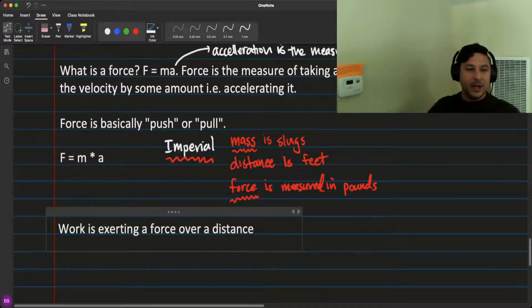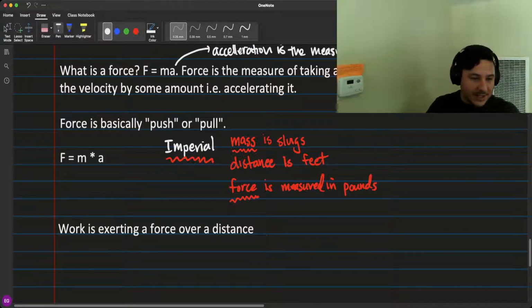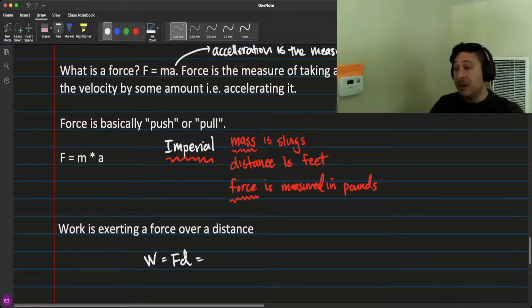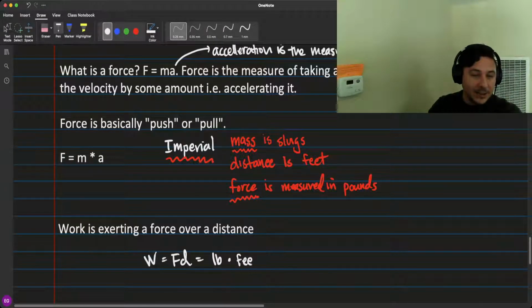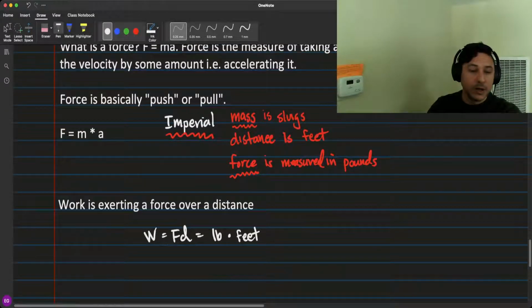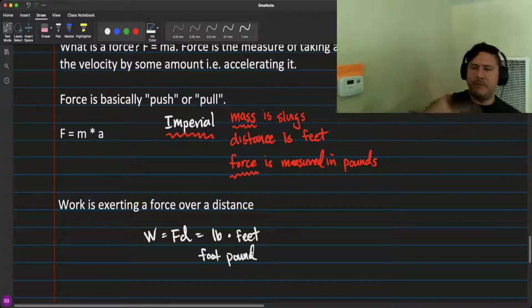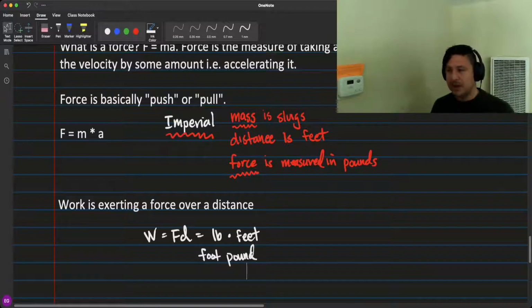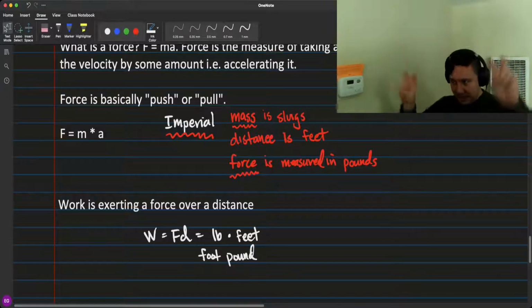So if we're talking about the imperial system, work is force times distance. Force is measured in pounds, and distance is measured in feet. So the measurement of work is the so-called foot-pound, because you're exerting a number of pounds of force over some distance of feet. So work is measured in the foot-pound.